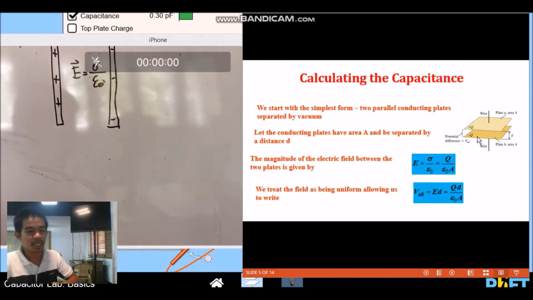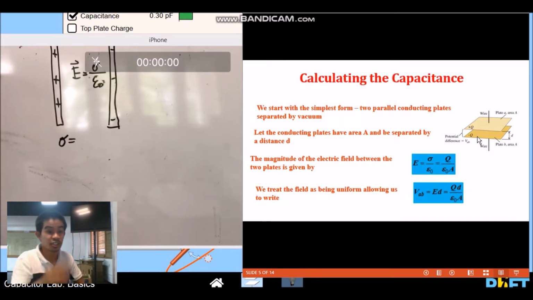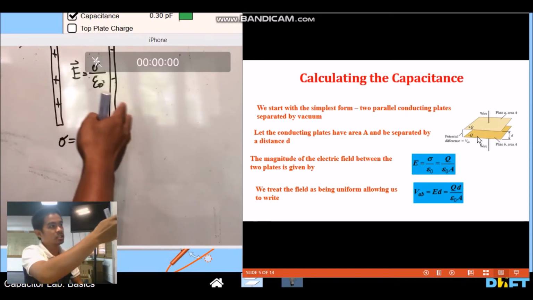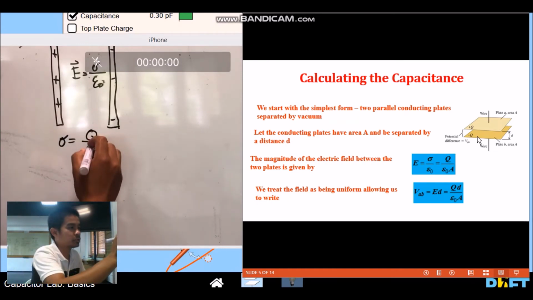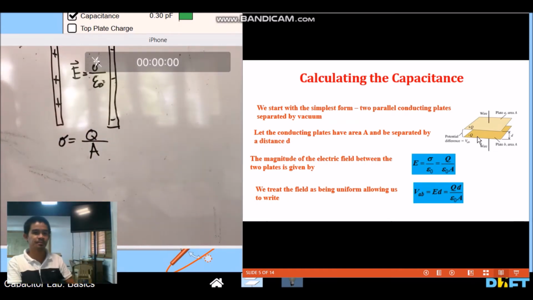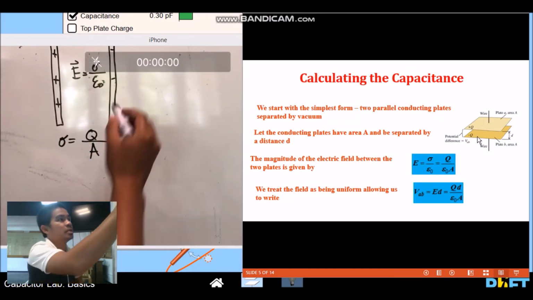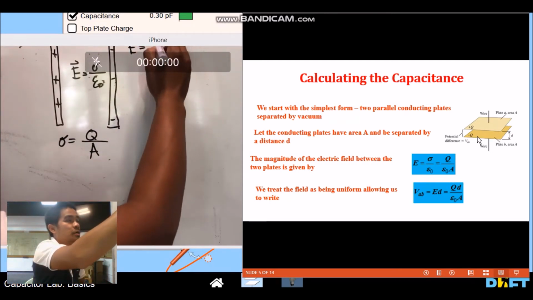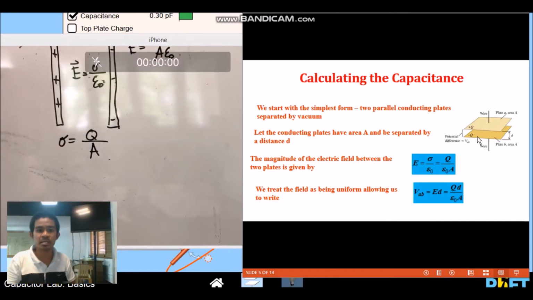The areal charge density is the charge per area, the charge of either of these two plates. So I'm going to replace areal charge density by charge over area. The electric field is charge per area per permittivity of free space.